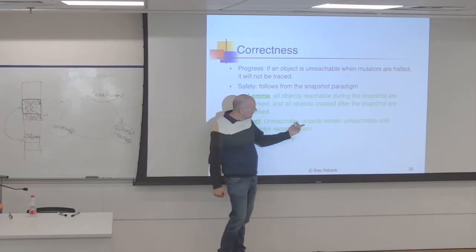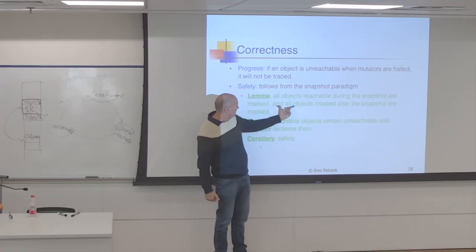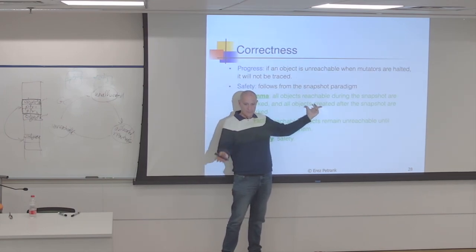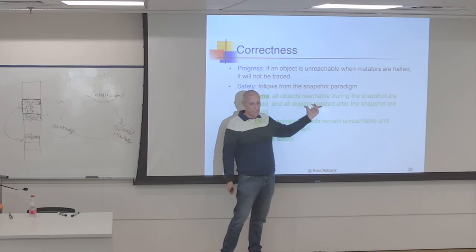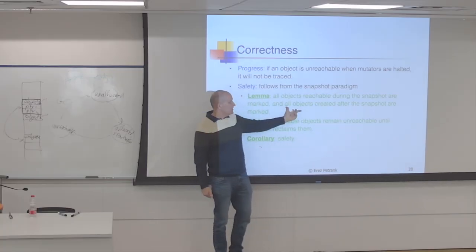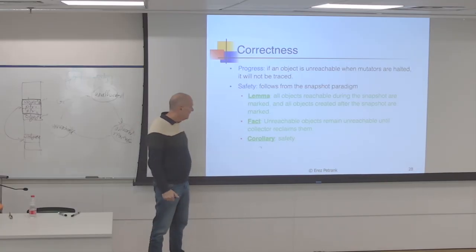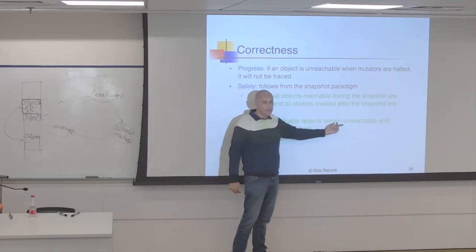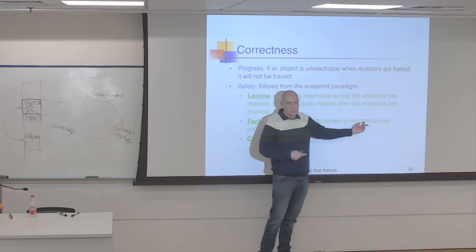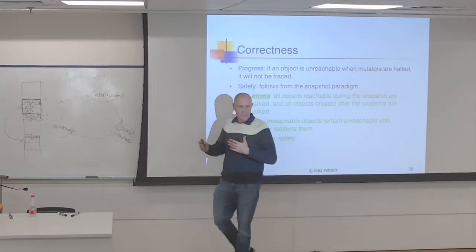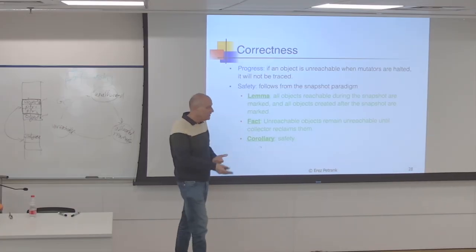And I should also say that all new objects, all those created after I took the snapshot, are going to be black, so I'm not going to reclaim them. With these two, it means that anything reachable, I will not reclaim. And anything unreachable remains unreachable, so I will not, by mistake, reclaim some unreachable objects that became reachable or something like that.